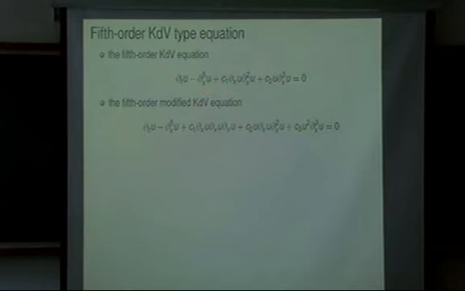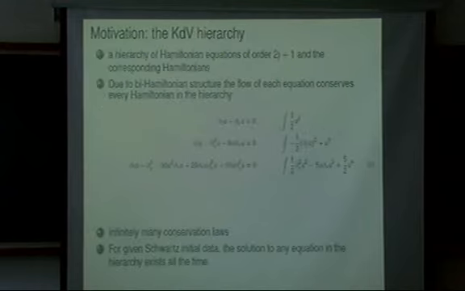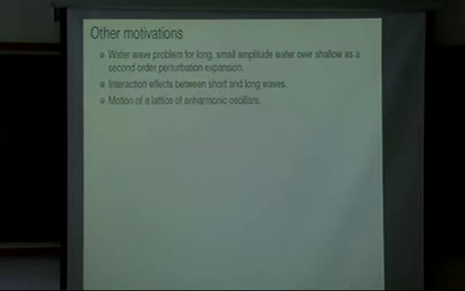The first motivation is from the KdV hierarchy, and this can also be understood as a higher order model from the water wave problem, in the regime where the wavelength is pretty long with a small amplitude. By a change of scaling, the full water wave equation can be approximated by the KdV equation.